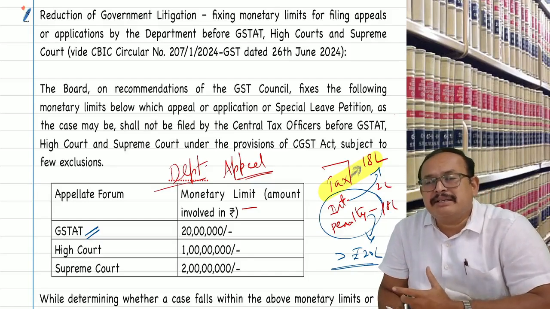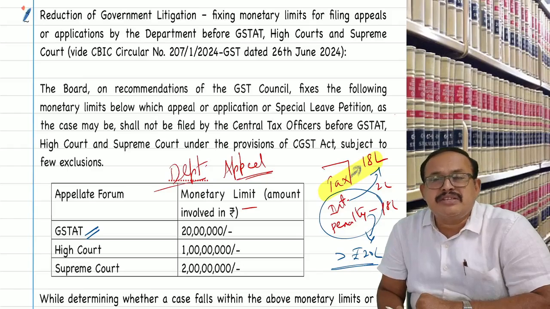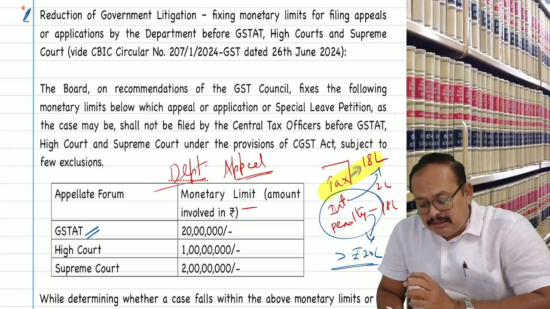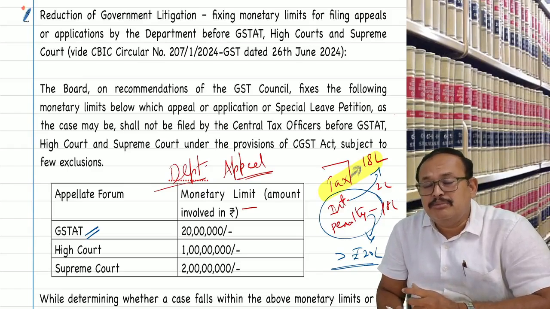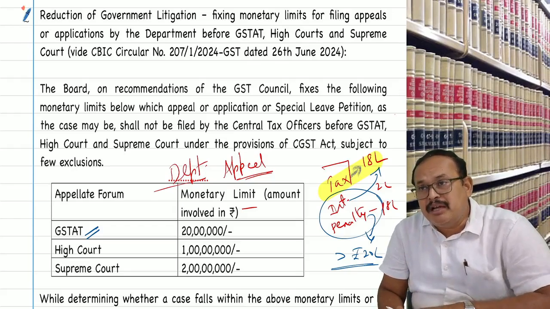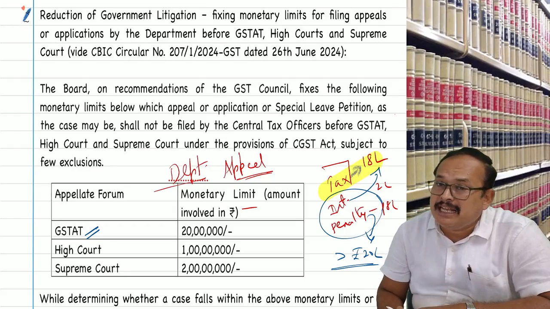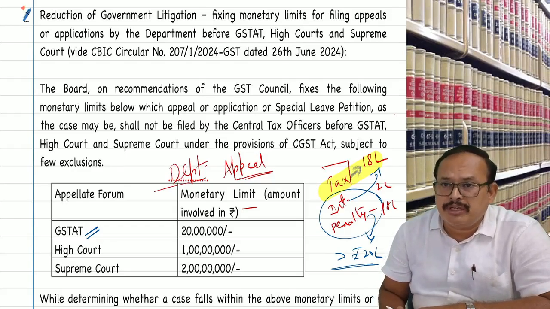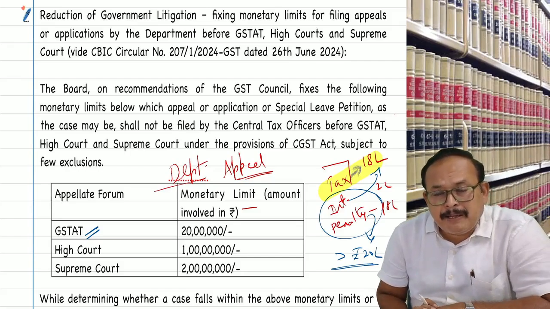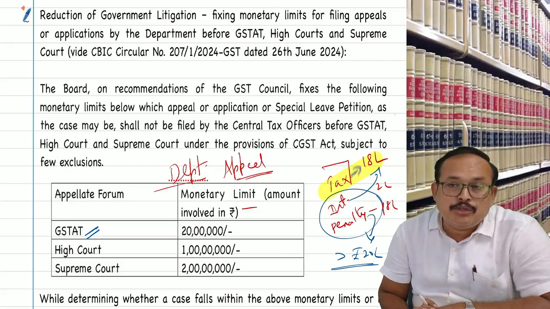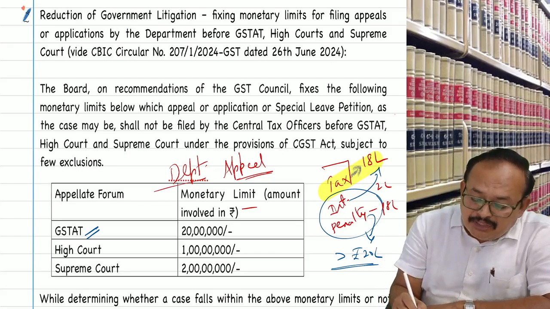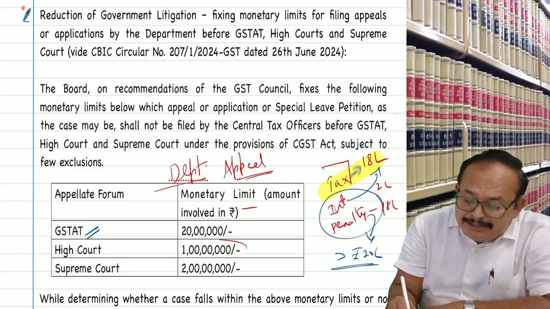Sir, if the matter belongs to the revision authority, and the revision authority directs the officer to appeal against his own order, if the tax value is less than or equal to 20 lakhs, not allowed to go to the tribunal. For an order passed by the tribunal, a departmental appeal cannot go to the High Court if the tax portion does not exceed 1 crore.